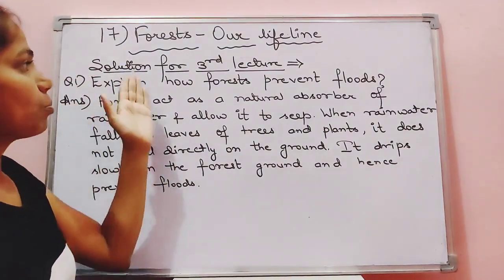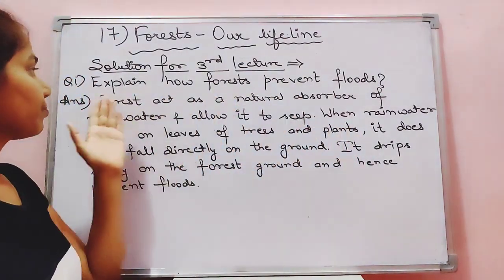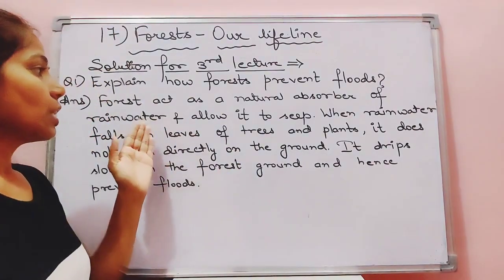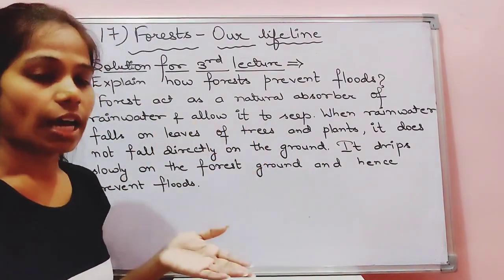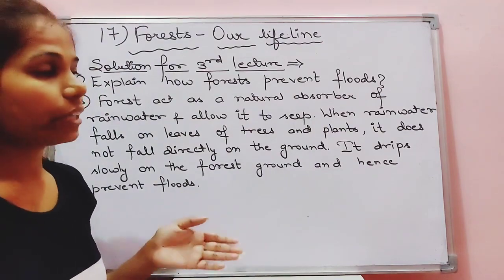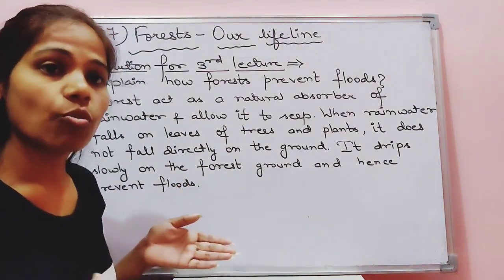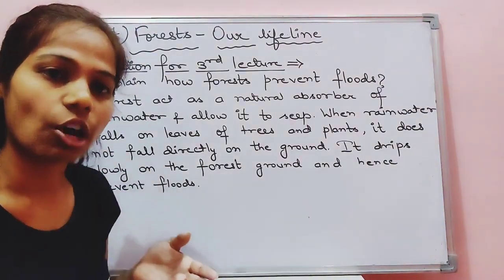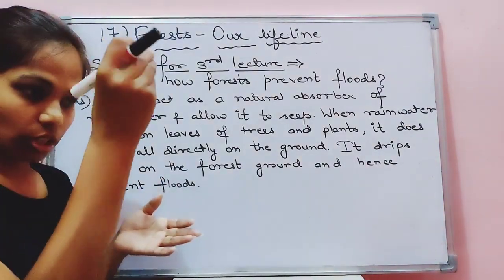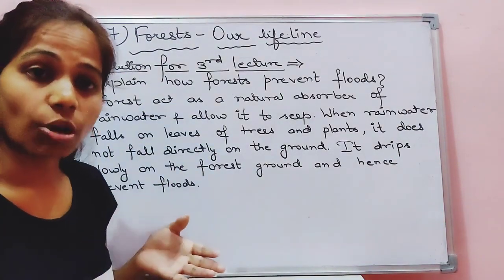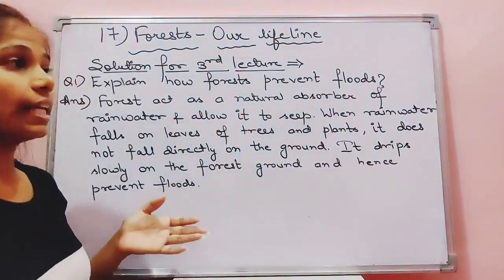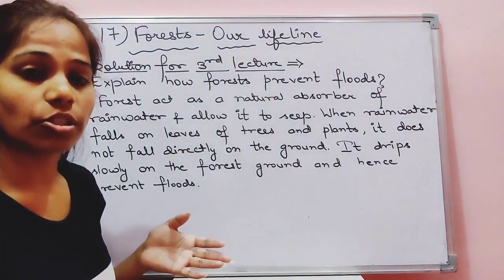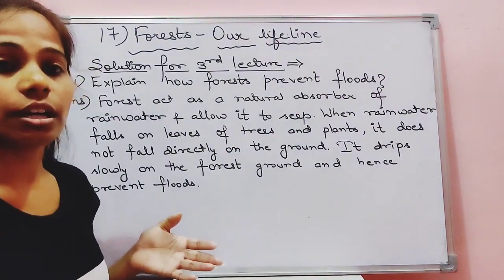The very first question was, explain how forest prevents flood. Children, forest acts as a natural absorber of rainwater and allows it to seep. I had told this in the last lecture also, that whenever heavy rainfall happens, due to the presence of forest, it does not directly hit the ground, but it gets stopped by the crowns of different trees and plants, and ultimately it seeps slowly through the branches and the stems of the plants inside the ground.